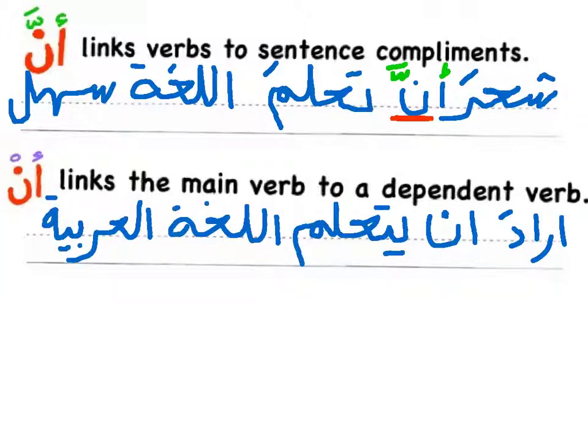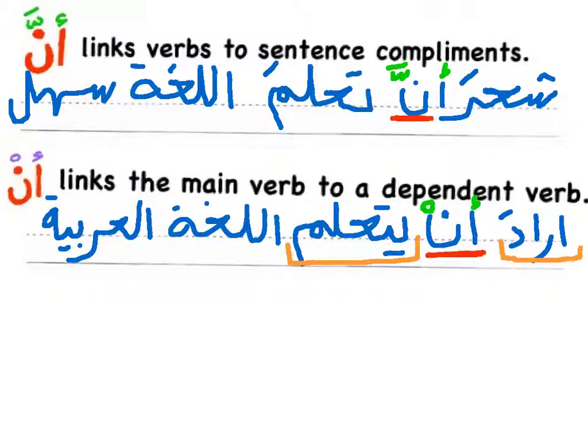So, first of all, you know which one this is? It's the particle أن, and it links a main verb like أراد to a dependent verb يتعلم, and this is a verb, so it's a verbal sentence.